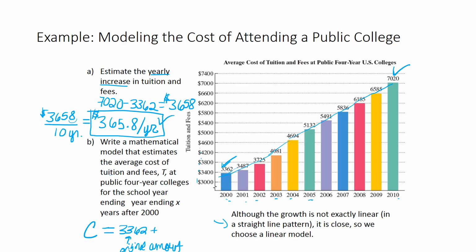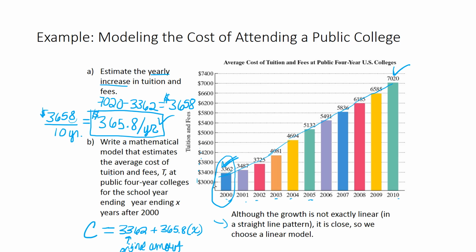It's increasing at $365.80 a year. And X is the years after 2000, so you would do 365.8 times the number of years after 2000, which makes perfect sense, right?